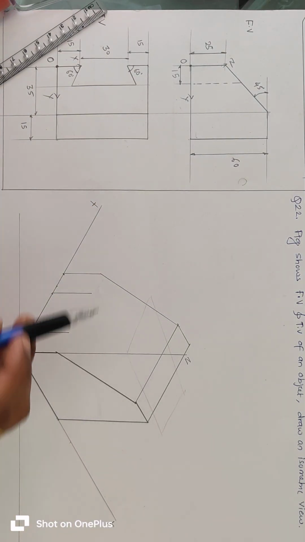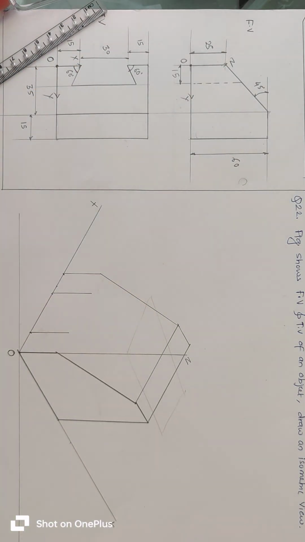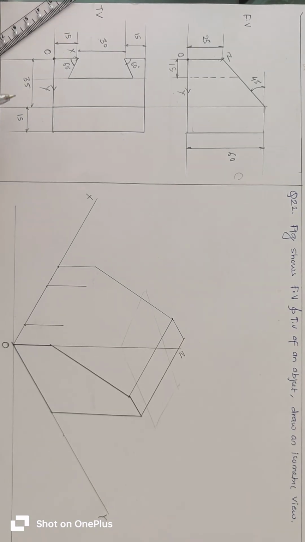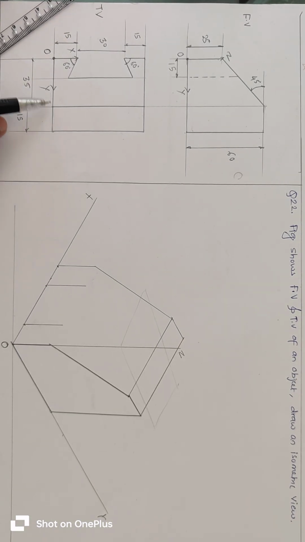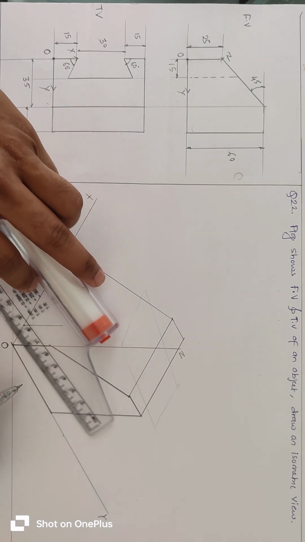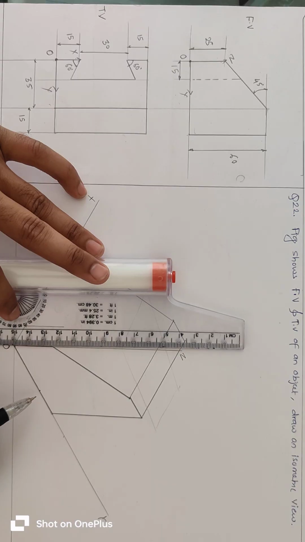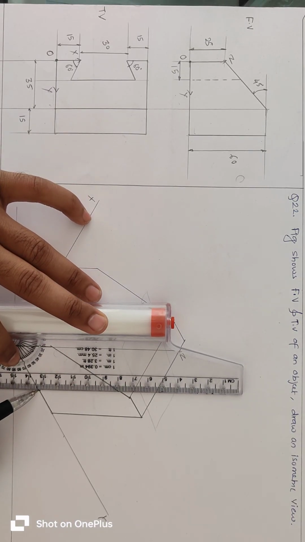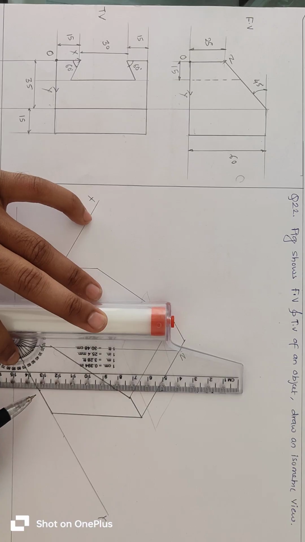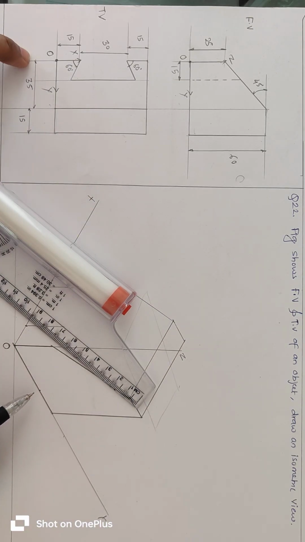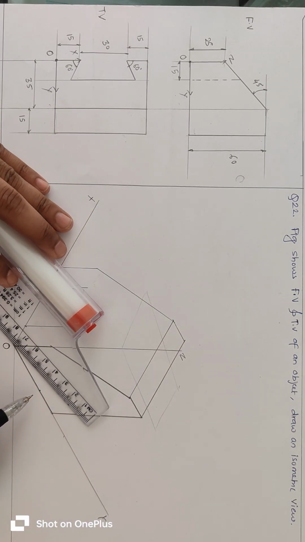Now at this inclined line, this horizontal distance along y-axis is 35, so along y-axis take 35, mark a point, and then along z-axis take total 50.